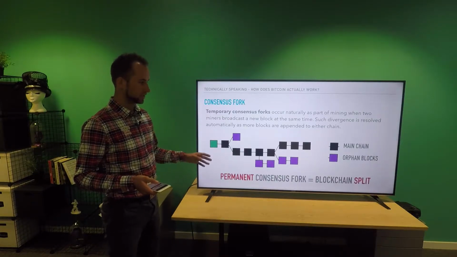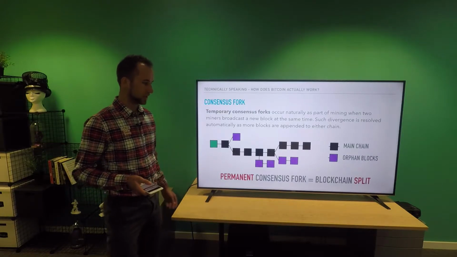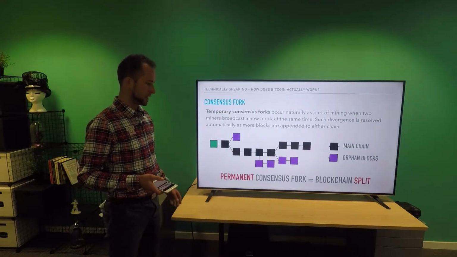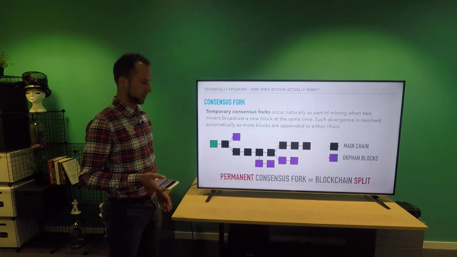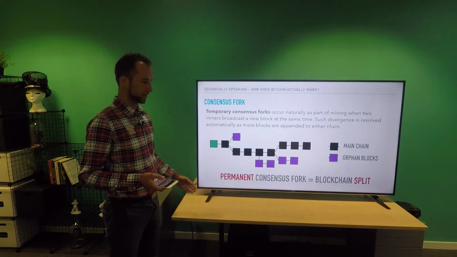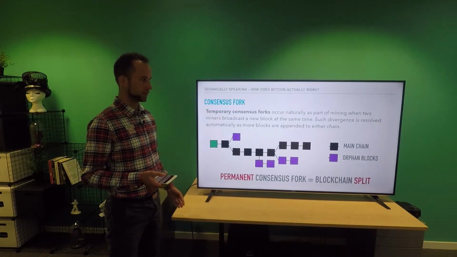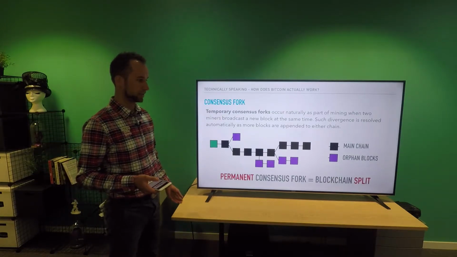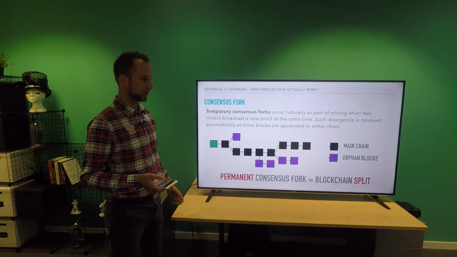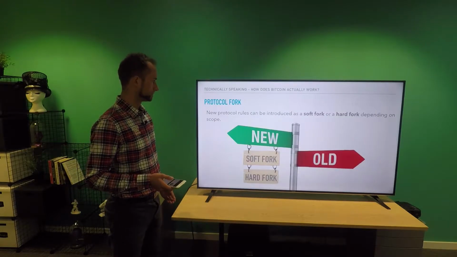If there is a consensus fork which is not resolved naturally, that's then called a permanent consensus fork, and it can occur when there is a hard fork software upgrade, which we'll talk about in a minute.